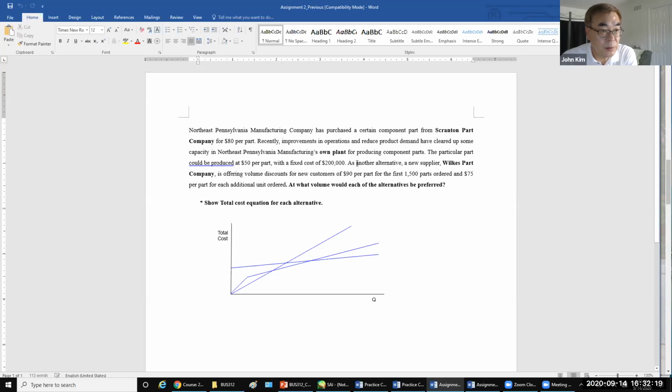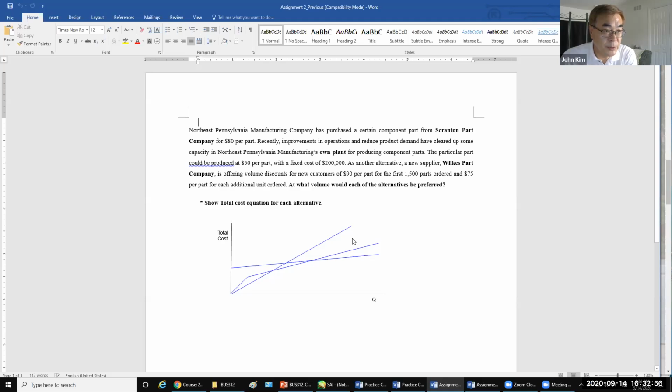As another alternative, a new supplier, Wix Part Company, is offering a volume discount for new customers of $90 per part for the first 1,500 parts ordered, and $75 per part for each additional unit ordered. At what volume would each of the alternatives be preferred?